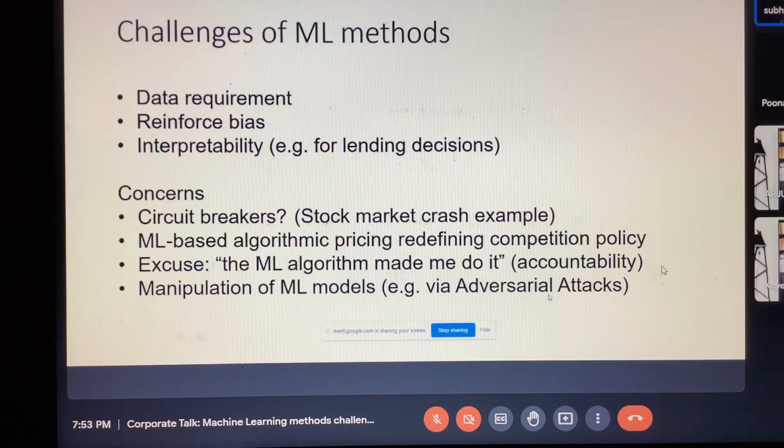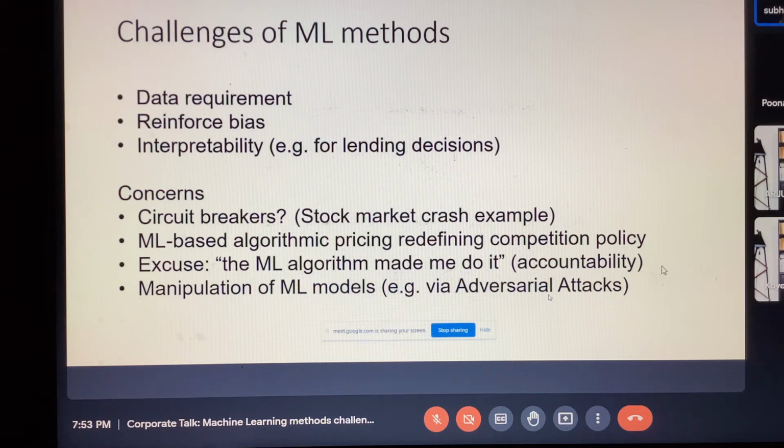And a third challenge is machine learning model interpretability. So for example, there's an AI algorithm which tells whether or not you want to give somebody a loan, and you have millions of data. It figured out this person can be given a loan, this person cannot.